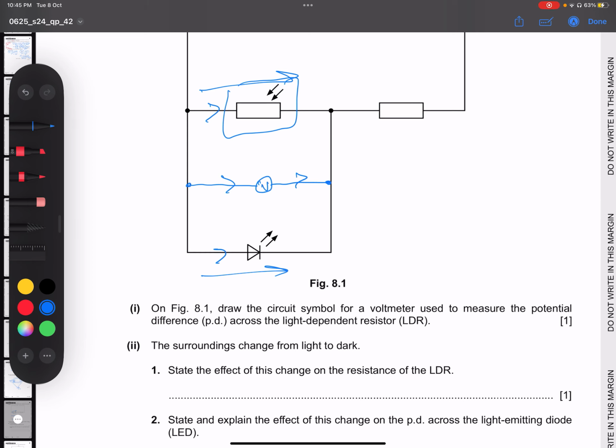The surroundings change from light to dark. What is the effect of this change on the resistance of the LDR? So this is an NTC resistor, a negative temperature coefficient resistor.